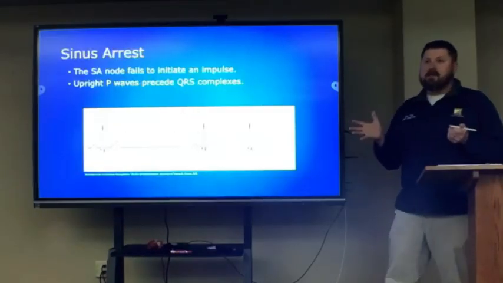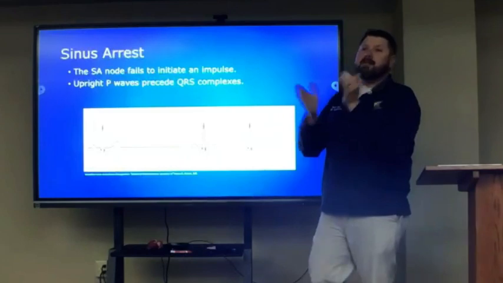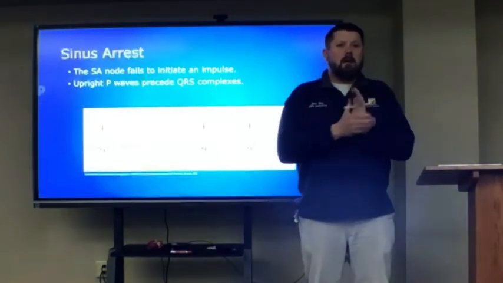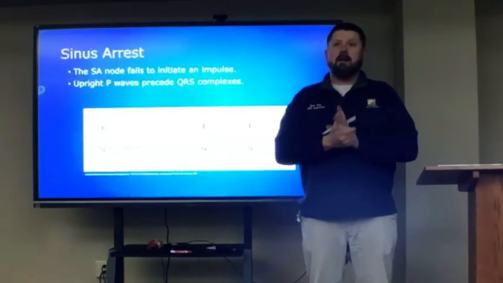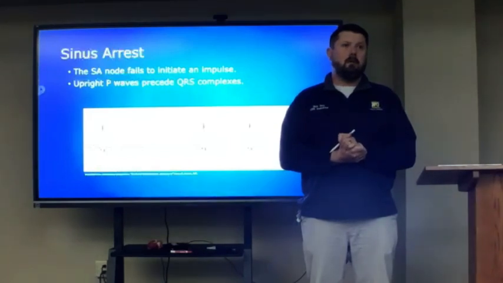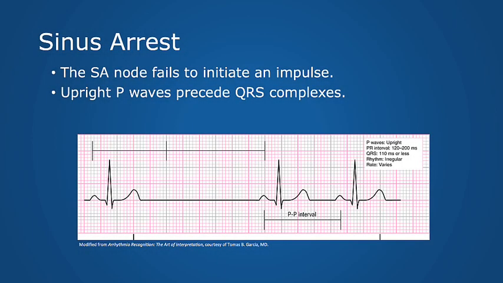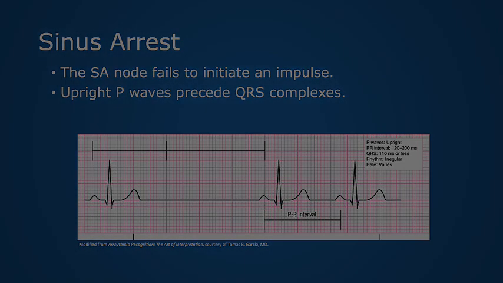So sinus arrest, we've got the SA node is firing, and then suddenly it just stops. Arrest means what? Cessation. Sudden cessation. And then it picks back up again. So when we have an electrical standstill, how is that going to be represented? Yeah, as a period of asystole.